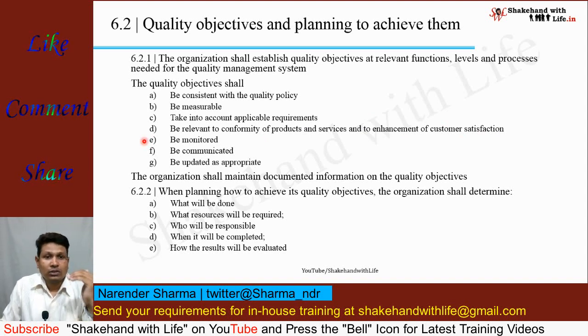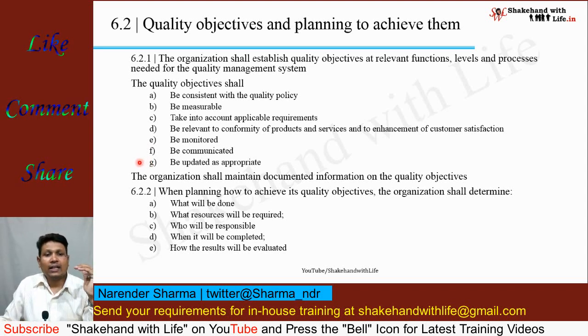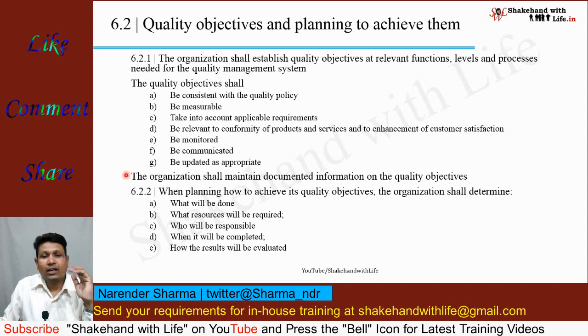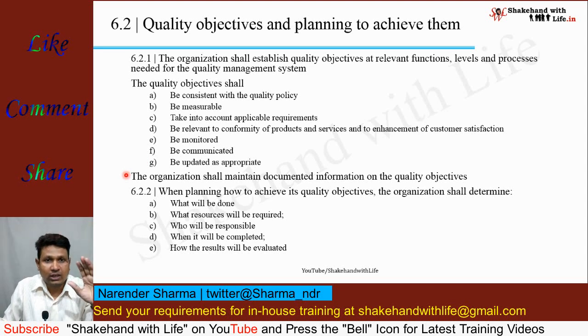F, communicated properly across the organization among all the employees. And G, updated as appropriate whenever there is a requirement for updating. And the organization shall maintain documented information on the quality objectives.